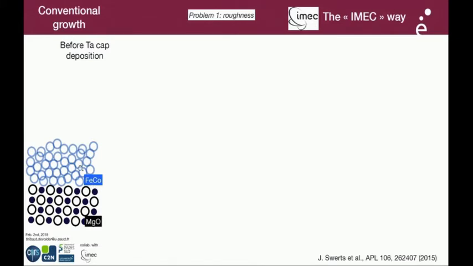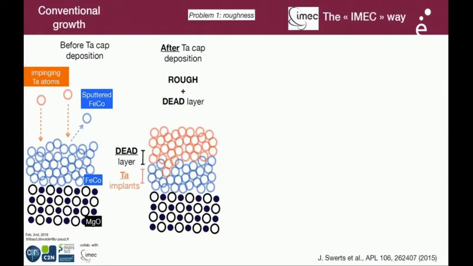and then we want to deposit, for instance, tantalum on top. The tantalum atoms are very heavy compared to iron cobalt atoms, and it's a sputtering technique, so the typical energy of the impinging tantalum atoms will be something like 50 eV, which is substantial. So while you deposit the tantalum, this will partially sputter away some of the iron cobalt atoms, such that in the end, after the deposition of the tantalum layer, some iron cobalt atoms have disappeared, so you measure less moment than what you expect from your deposition rate.